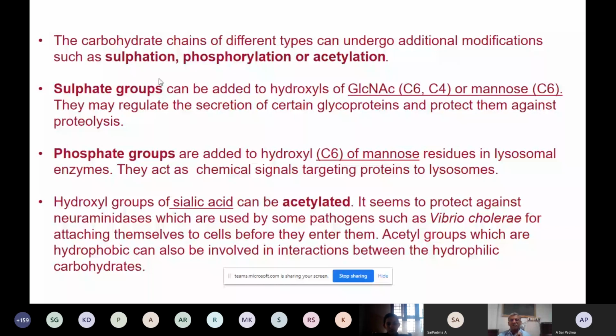They act as chemical signals targeting proteins to lysosomes. The hydroxyl groups of sialic acids can be acetylated, thereby protecting the glycoprotein structure, so that there is less susceptibility of the glycoprotein to proteolytic digestion.